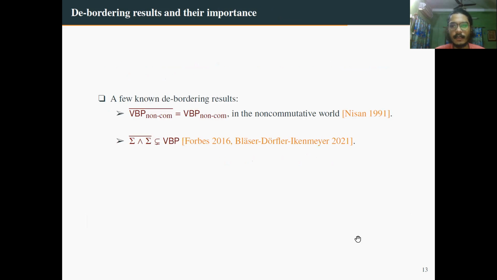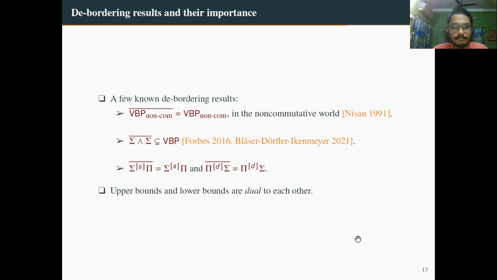It is also known that if you look at depth 3 diagonal circuits, that means sums of powers of linear forms, and take the border of this class, then it is contained in VBP. In fact, we also know that these depth 2 algebraic circuit classes are closed, in the sense that if you take the border, you get the same class.